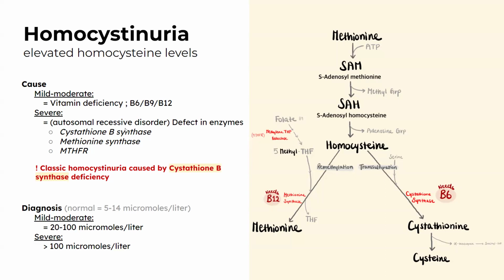Most likely it's going to be cystathionine synthase. Okay, so cystathionine synthase is the one that's in classic homocystinuria. And another possibility is you could have methionine synthase deficiency or MTHFR. So it could either be a deficiency here, or here, or here. And in all of these cases, if these are deficient, can you guess what's going to accumulate?